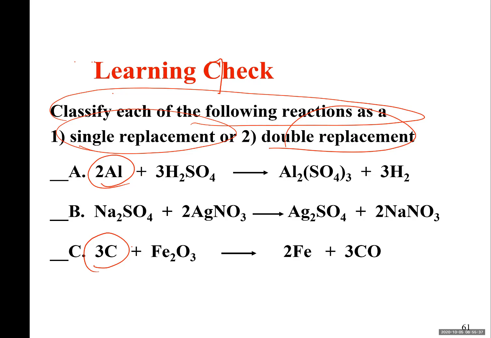Carbon, C, is one type of atom. There is no bonding between carbon and any other atom. There is no bond between Al and any other atom. Can I say these contain a single element, so it should be single replacement, number 1 for this and 1 for this.